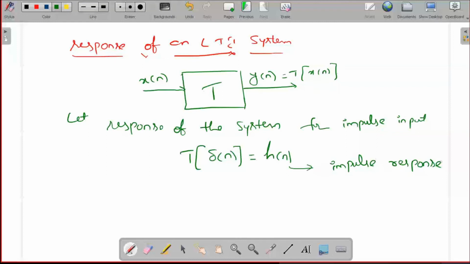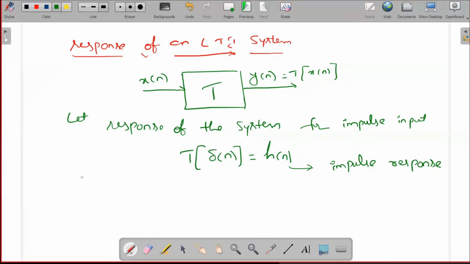Okay, the impulse response, just observe that name. You know the response is simply the output of the system. Impulse response is nothing but the response of the system when the input is impulse. Simply we call it the impulse response. Okay. Similarly, the step response is nothing but the response of the system when the input is step. Sinusoidal response is the response of the system when the input is sinusoidal. Okay, don't get confused here. So here T of del of n minus k is h of n minus k.